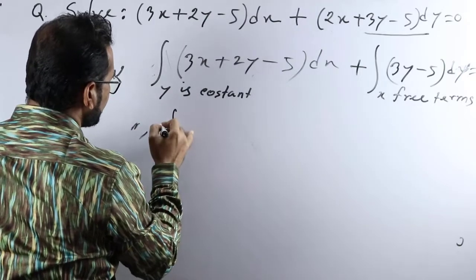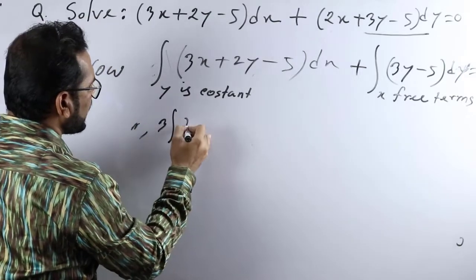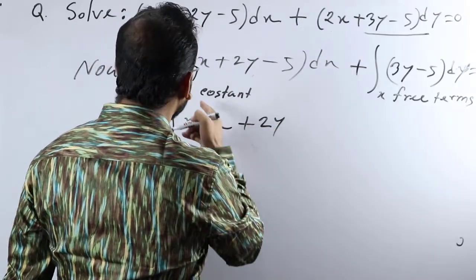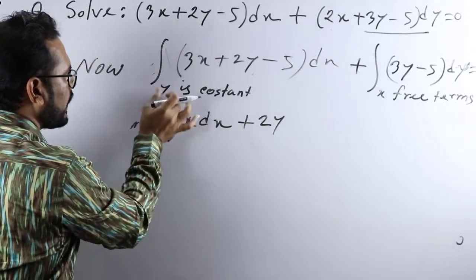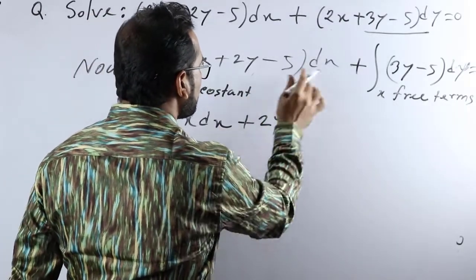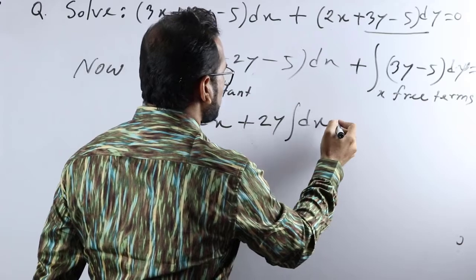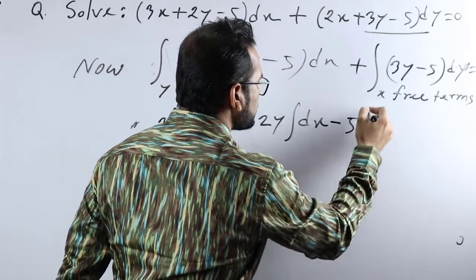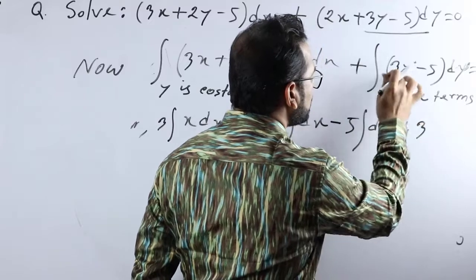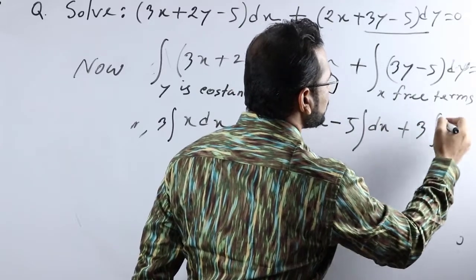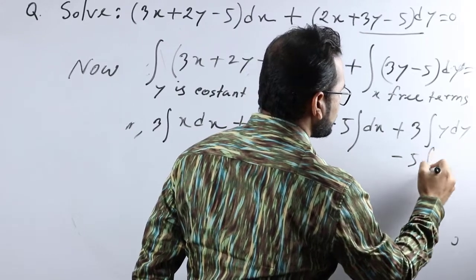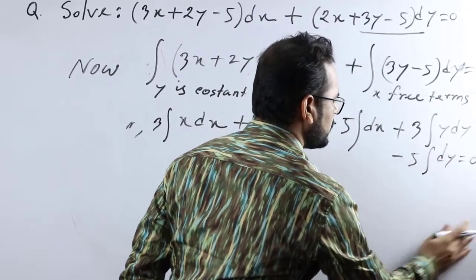Here 3 is a constant, we can take it out: 3 times integral of x dx, plus 2y, where y is constant and 2 is also constant, so 2y is a constant, then the integral of dx, minus 5 is a constant, then it is dx, plus 3 is a constant, so integral of y dy, minus 5 constant dy is equal to 0.